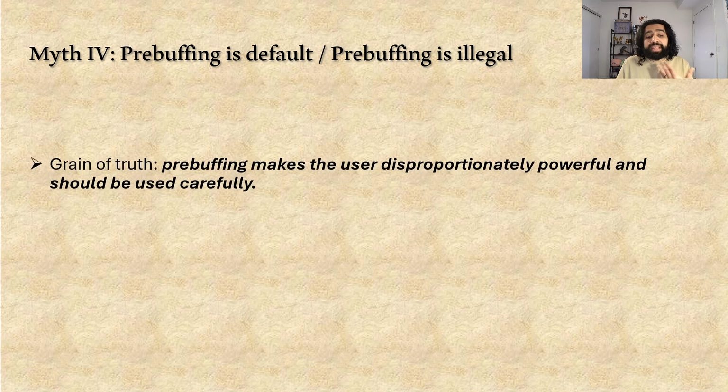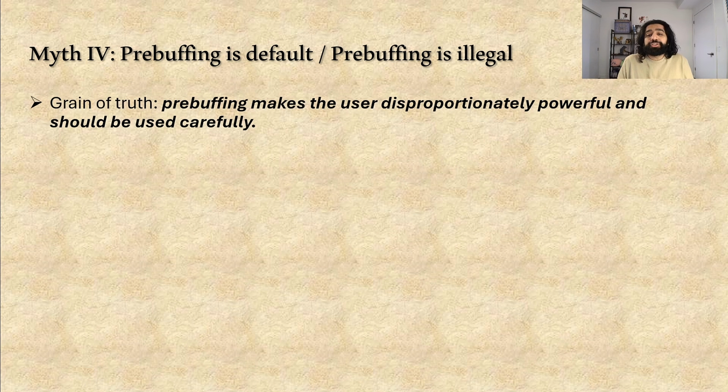And just like with ambushes, the grain of truth is simply that pre-buffing does make the user disproportionately powerful and should be used carefully. Just like how ambushes, if you could reliably do them every single time with absolute certainty of getting the best case outcome, they'd be broken, the same is true for pre-buffing, and all you have to do is not make it that reliable and not make it that absolute.